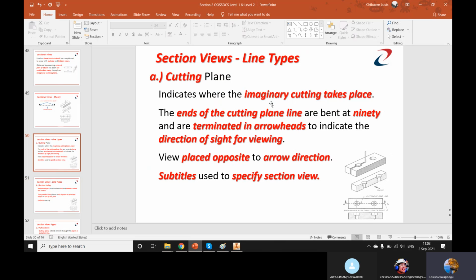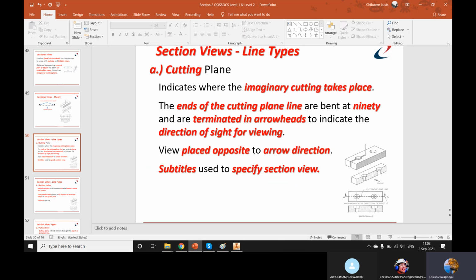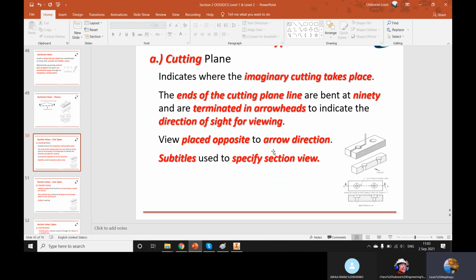The cutting plane indicates where the imaginary cutting takes place. The ends of the cutting plane line are bent at 90 degrees and are terminated in arrowheads to indicate the direction of sight for viewing, which is what I just explained. The view placed opposite to the arrow direction, and subtitles are used to specify section views, which is the AA, A and A.